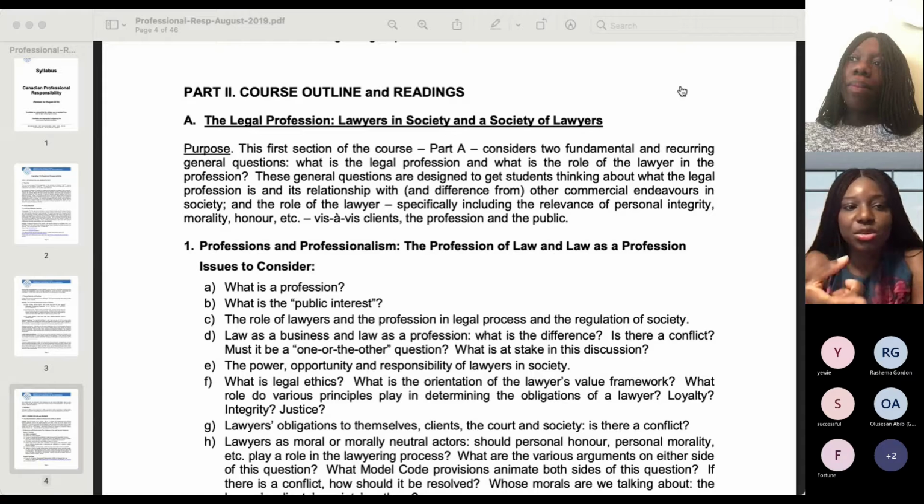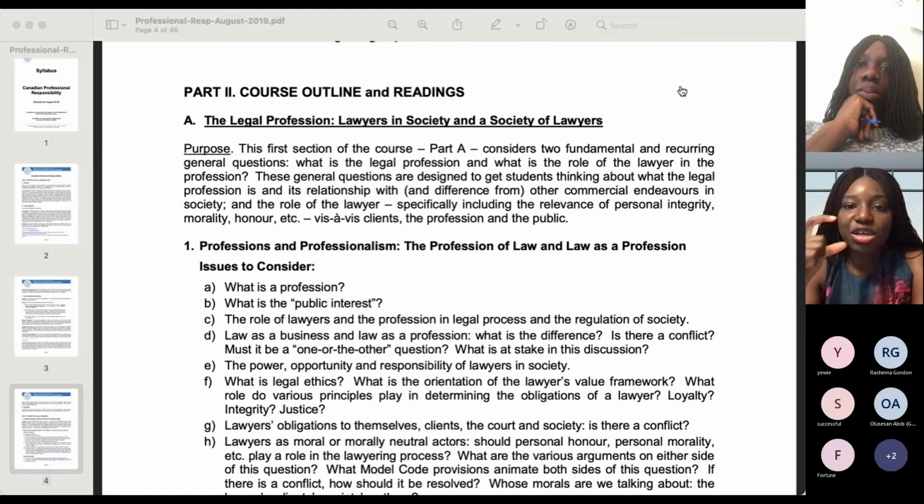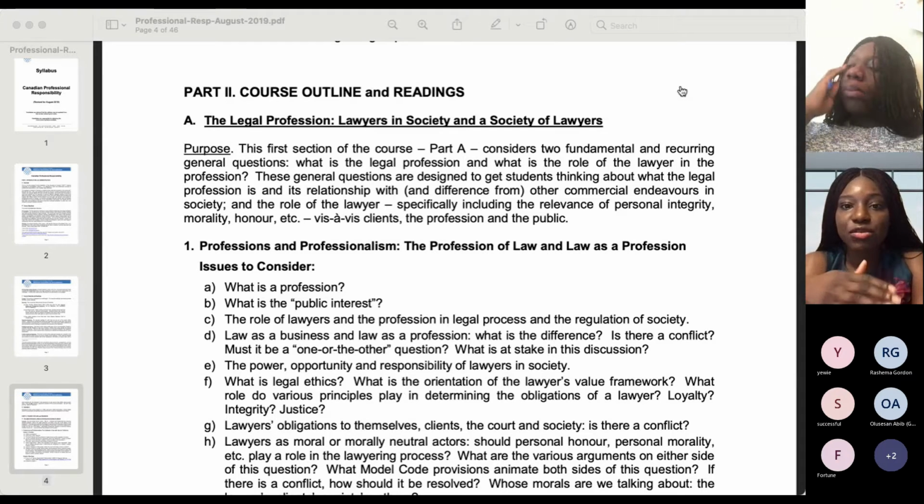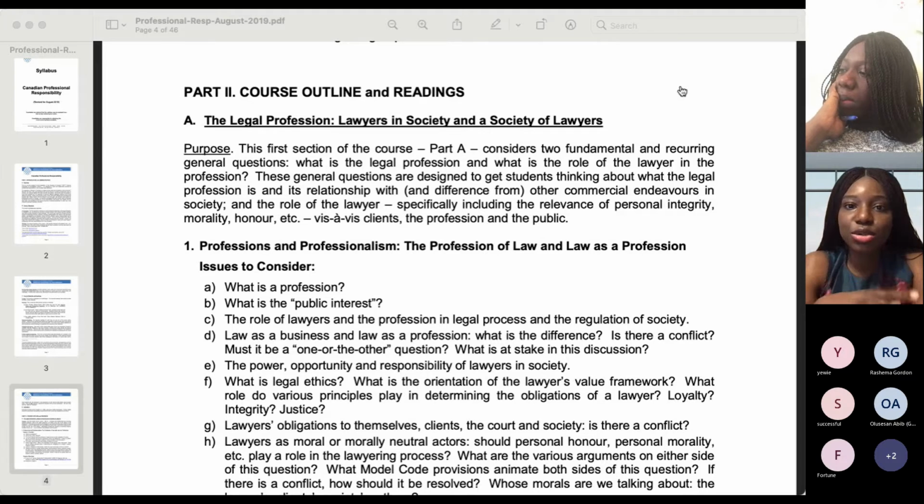Basically, the model code, I can show it to you on the screen, is a bunch of rules and a bunch of commentaries. So the Canadian Model Code, Canadian Professional Responsibility Model Code, it's got rules that you abide by, which we all understand from ethics in our own provisions or in our own jurisdictions, but it also has something called commentaries. Now, when we get to the syllabus and we're discussing sources of Canadian professional responsibility, it is not just the model code.